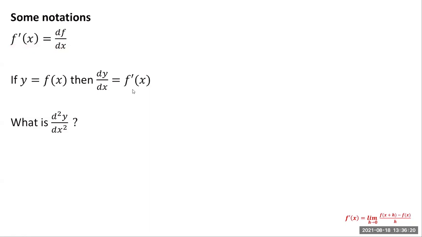Also, if the function is given in this form, y is equal to f of x, then we denote the derivative this way, dy over dx. dy over dx means the derivative of f of x. It means the same thing. For example, in the previous case, if your function was given as y is equal to x squared, then dy over dx means the derivative of this function.